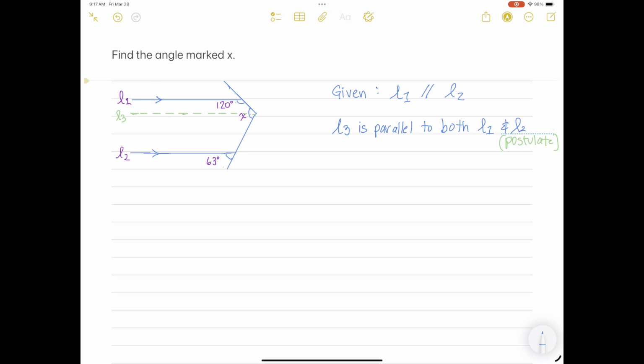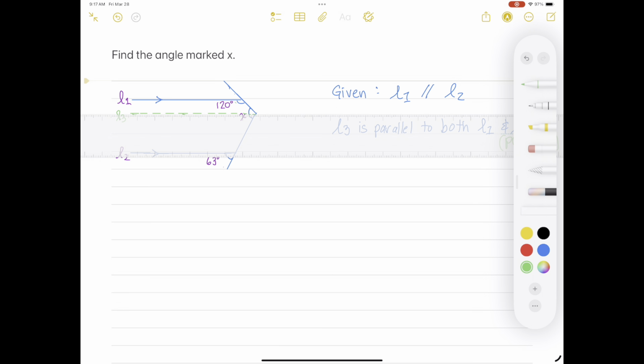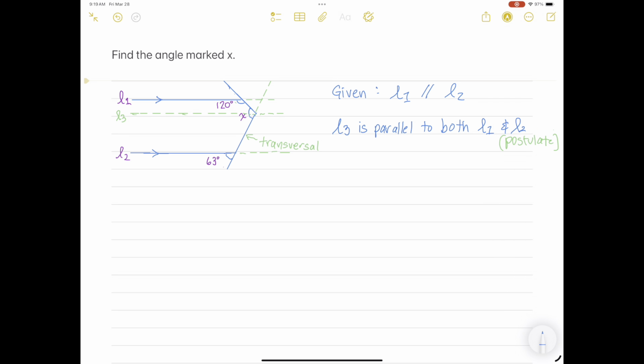And now I will use a straight edge to extend line 3 and line 1 out a little farther so that you can see they are parallel lines that have been cut through with a transversal. I will also extend out line 2 with my straight edge to show that line 3 and line 2 are also parallel lines that have been cut with a transversal.